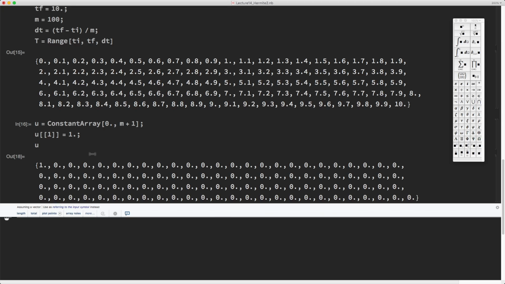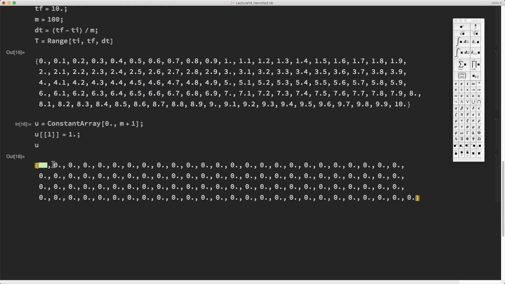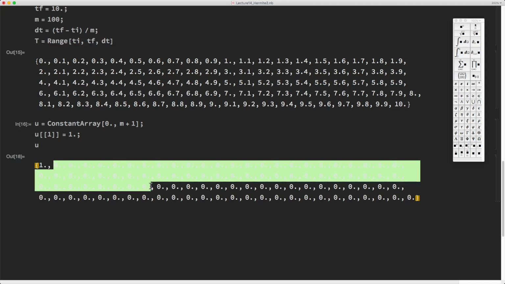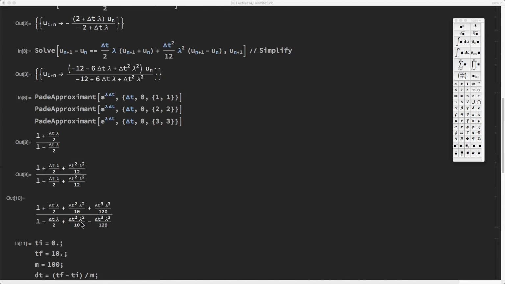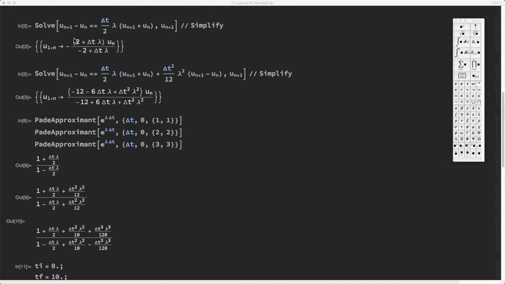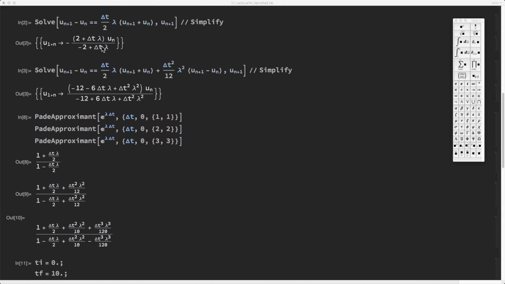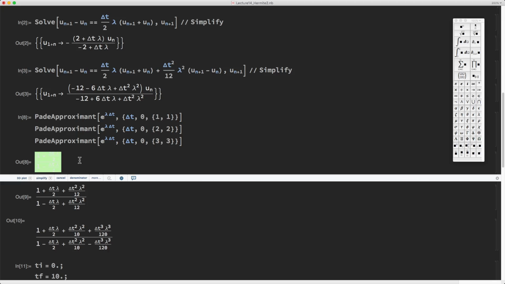So that's what u looks like initially. That's the initial value at the first time instant. And we want to calculate all the future values. We have set them to 0 for now. So we need a do loop, and we will follow these rules. So let's follow the trapezoidal rule first. I can copy paste this result from here.